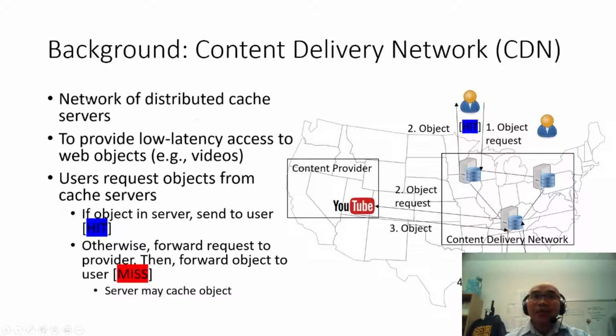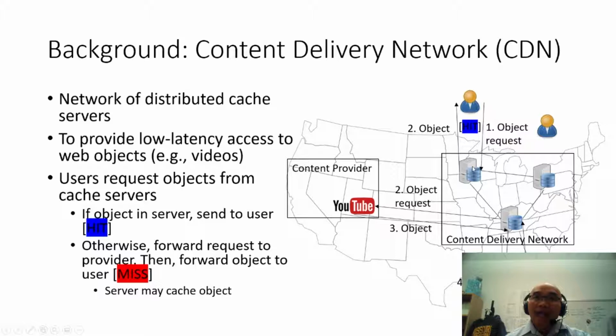So it is a network of geographically distributed cache servers. Those cache servers are distributed across the continents, and they cache commonly accessed web objects. So when a user requests a certain web object, say a video, the actual request is sent to a cache server that is nearby.